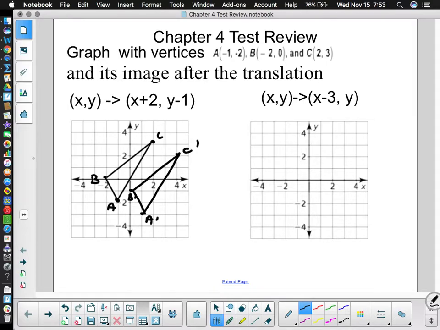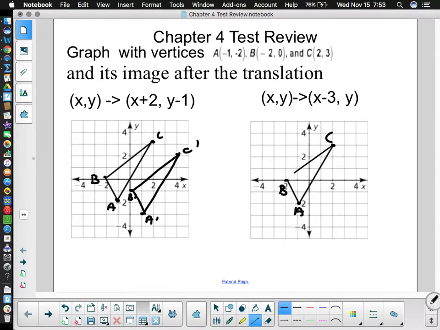Again, same 3 points, -2, 1, A, B, C. For our initial shape. This time, how are we moving it?